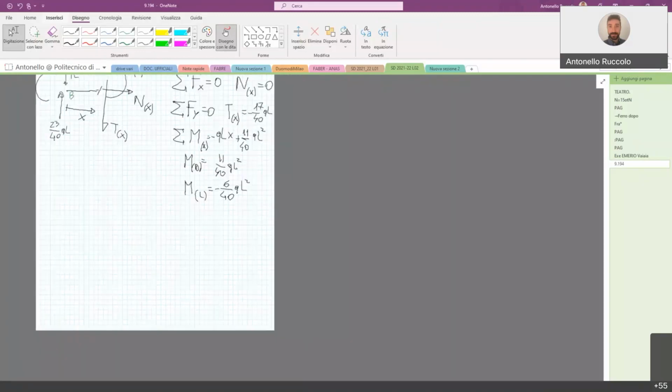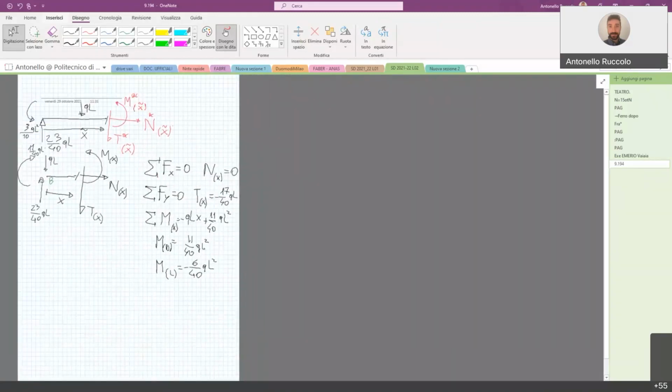Otherwise, if we had worked on this previous structure, the equation on this structure, we could still compute M easily. But in this case, we had to compute M in x tilde equal to L and in x tilde equal to 2L. So the computation is more complex. This is a simple case, okay?